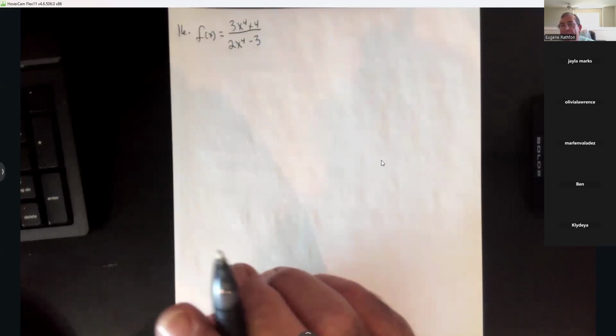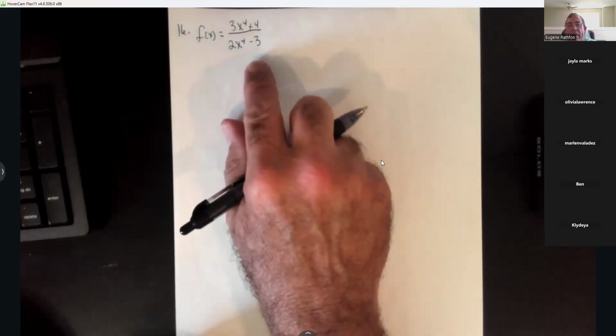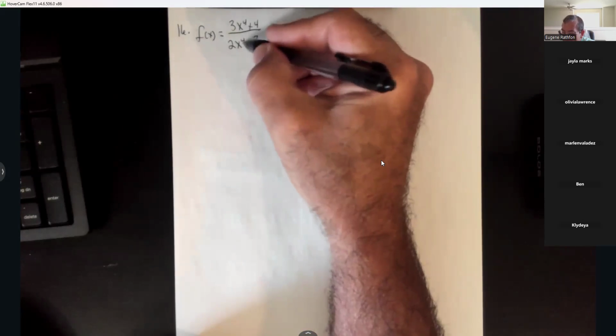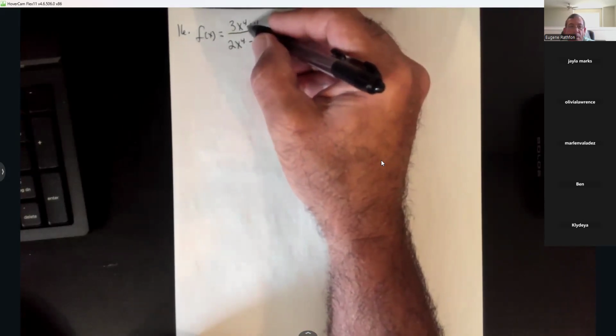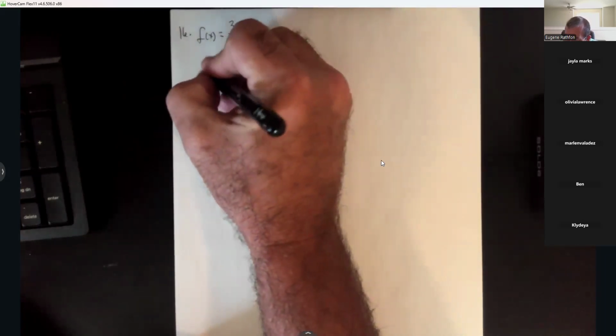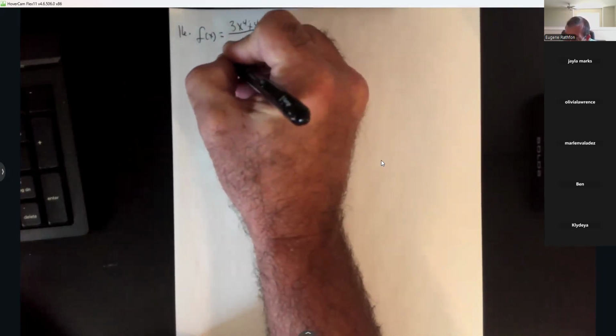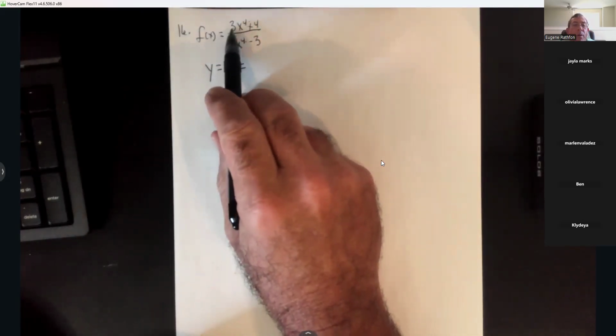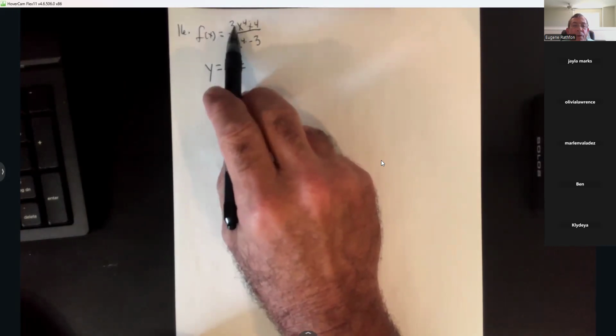So you had 3 cases of horizontal asymptotes. If the degree on top was higher, then there was no asymptote. If the degree on bottom was higher, it was y equals 0 for the asymptote. And if the degrees were equal, like this one is, the degree on top equals the degree on bottom, our asymptote was a over b, where a over b are the lead coefficients in front.